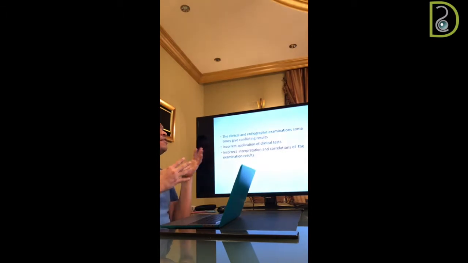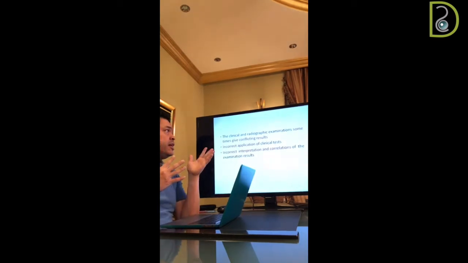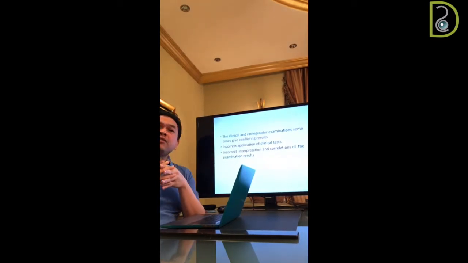The fourth or fifth problem in diagnosis is incorrect application of clinical tests. Sometimes we know that we have the pulp test and apical test, but the problem is we don't have enough skill to apply the test. Maybe you are doing the test in the wrong way, so we get a wrong result.